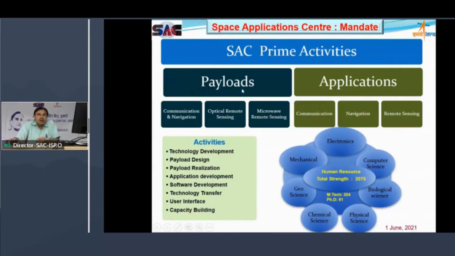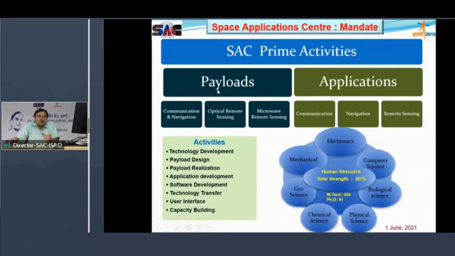We not only make communication and navigation satellites, so payloads for that, because satellite is a common structure, as all of you would have known by now. So in this satellite, the heart of the satellite or the brain of the satellite is the payload which we put inside the satellite. So Ahmedabad or the Space Application Center is a place from where we build this payload or sensors.